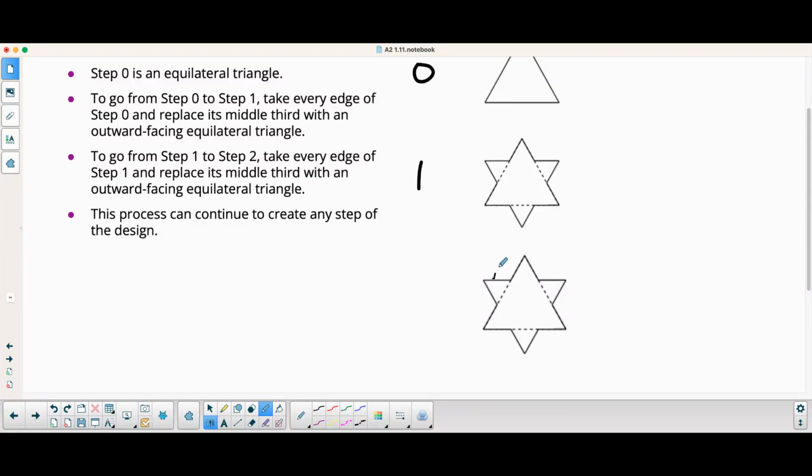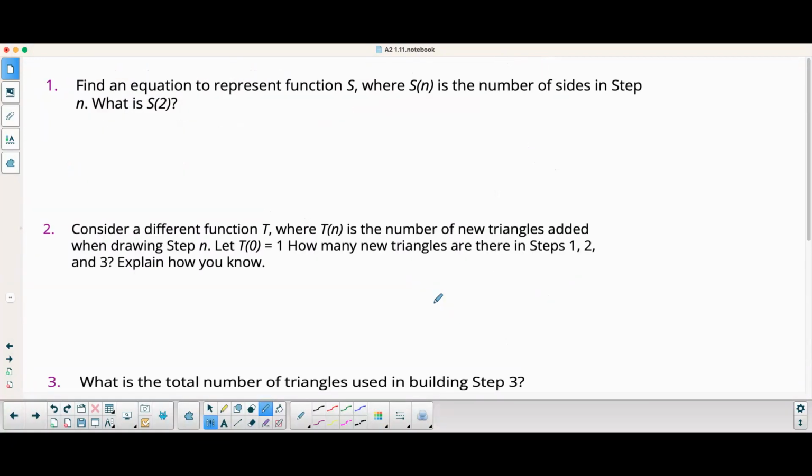Every edge. So we get something like that. So that would be step 2. Okay. Now let's go on here and see what it's asking for.